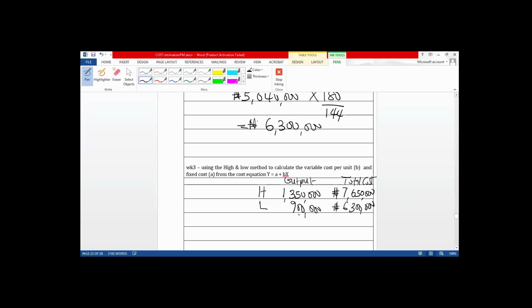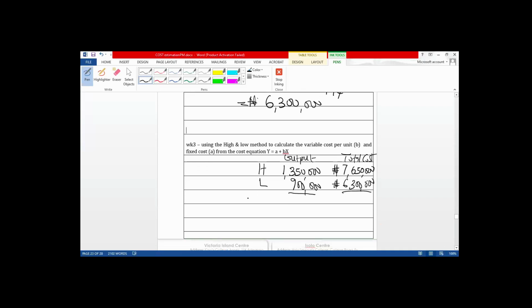Now we have gotten the highest level and the lowest level. Now differences. Difference in activity: 450,000 units. Differences in cost: 1,350,000. Yes, sir.